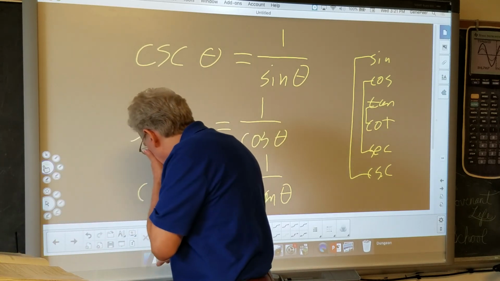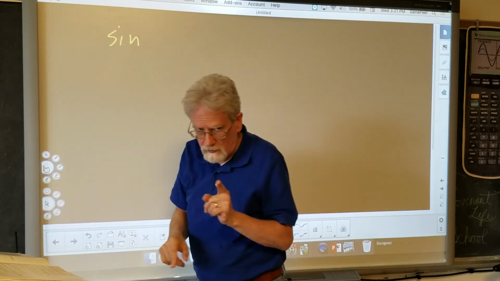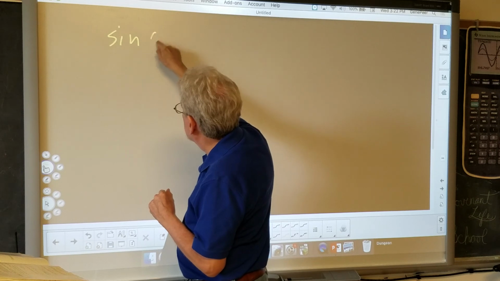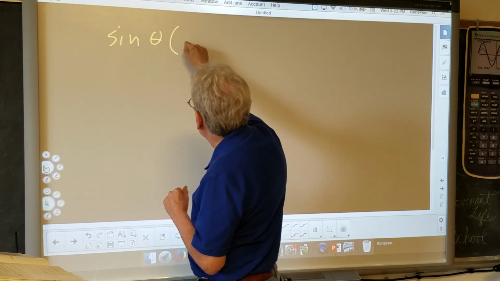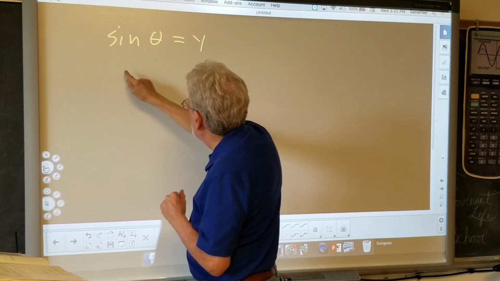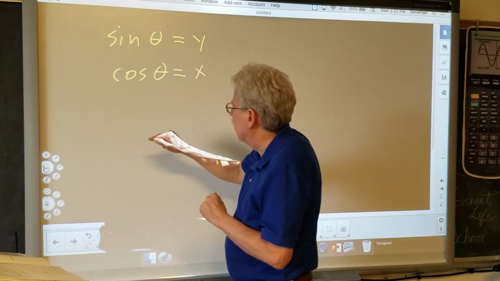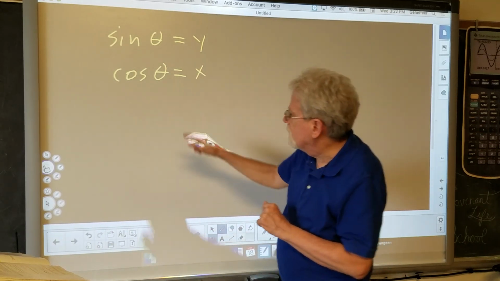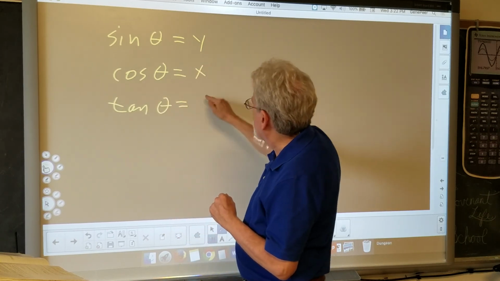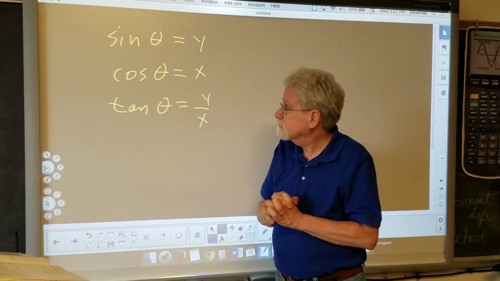But then furthermore, remember that when you have an ordered pair, sine of your theta is going to be the y value. Cosine of your theta is going to be the x value. Remember, it's in a counterintuitive direction. And tangent of theta is just this guy over that guy, or y over x. Well, one moment here.